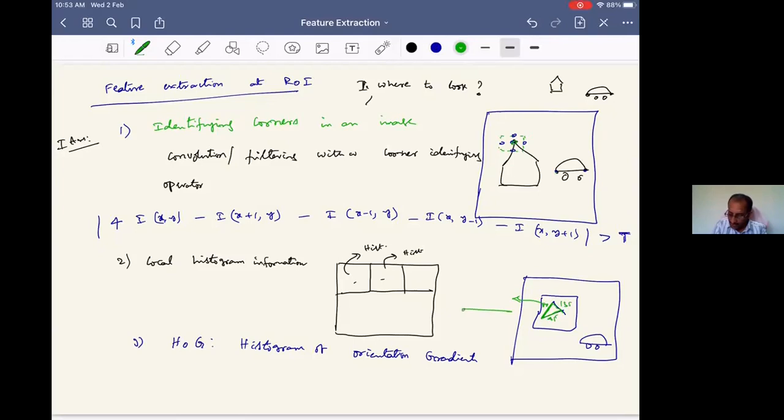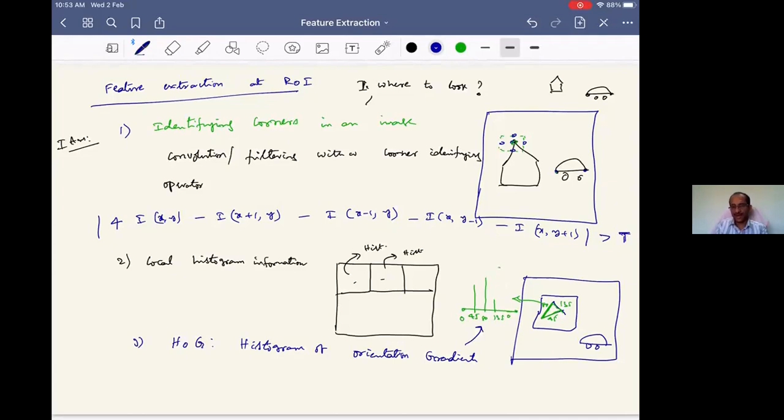We will have three peaks, at 45 degrees, at 80 degrees, and then at 135 degrees. Based on the number of pixels having that angle, you will have the magnitude of the peak here. The remaining angles you don't have in this patch. The histogram of orientation gradient essentially looks this way.